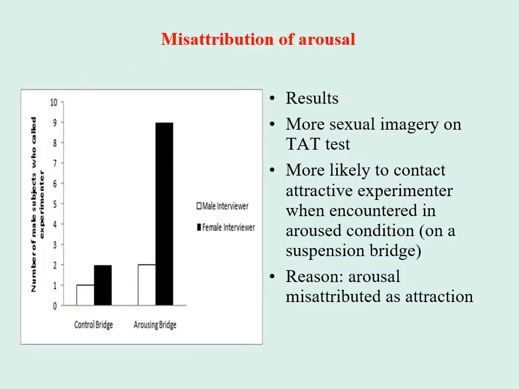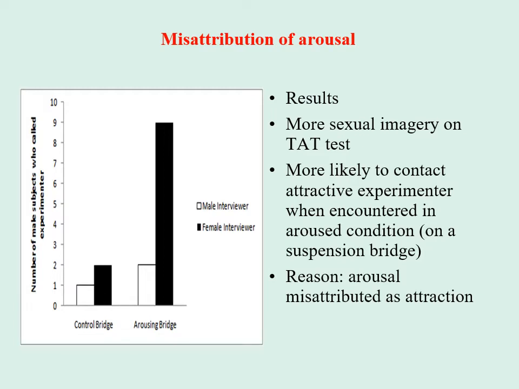The results confirmed these predictions. It turned out that there was significantly more sexual imagery on the TA test after participants walked through the arousing bridge, and they were also more likely to contact the attractive experimenter when she was encountered in an aroused condition on the suspension bridge.